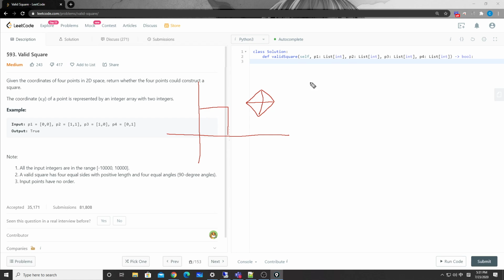If we have two coordinates here, let's say we have x, y, and z.